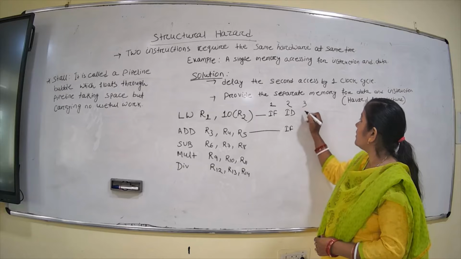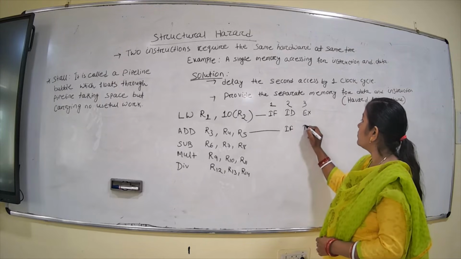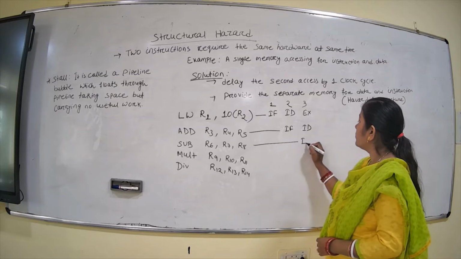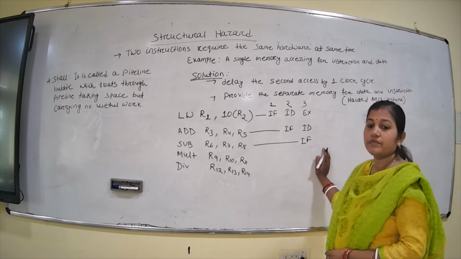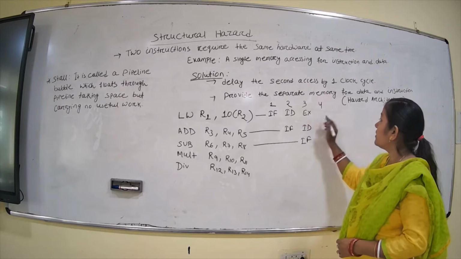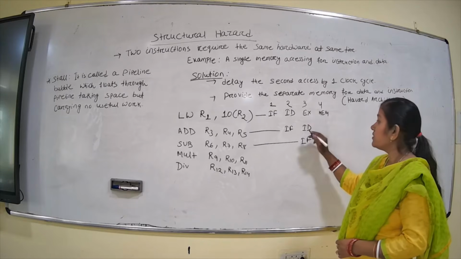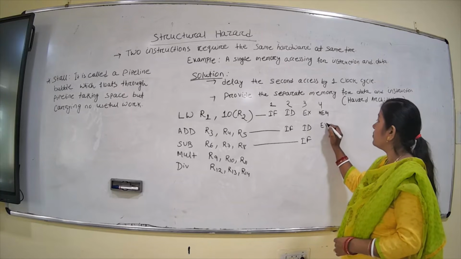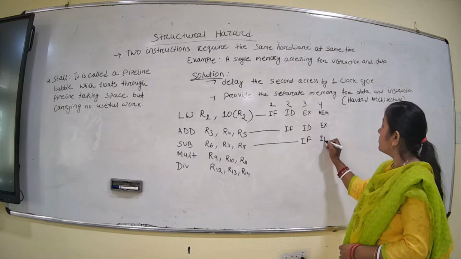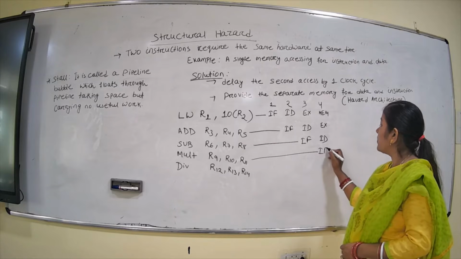At the third clock cycle, the first goes to execute, the second goes to decode, and the third goes to fetch. At the fourth clock cycle, the first instruction enters memory, the second goes to execute, the third goes to decode, and the fourth goes to fetch.